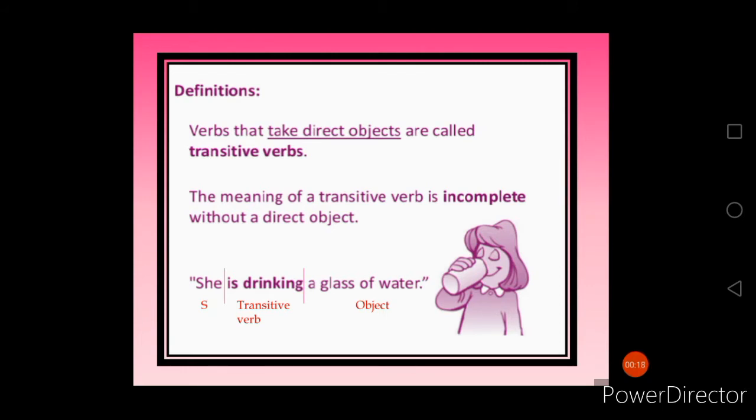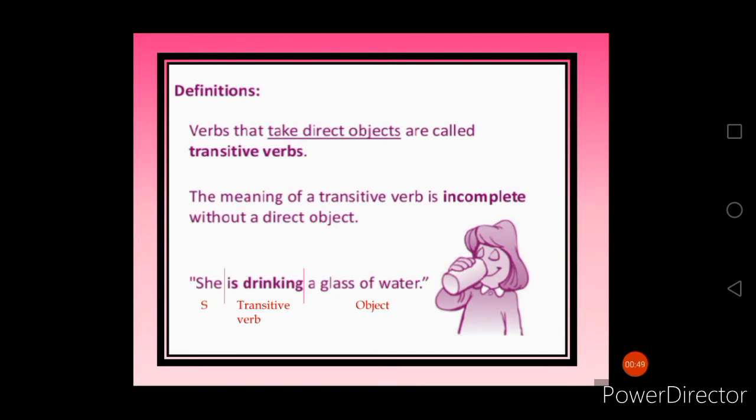Also the meaning of the transitive verb is incomplete without a direct object. I told you already about the direct object, right? So here I explained that the meaning of the transitive verb is incomplete without having a direct object in a sentence.